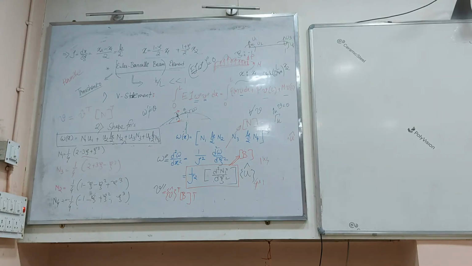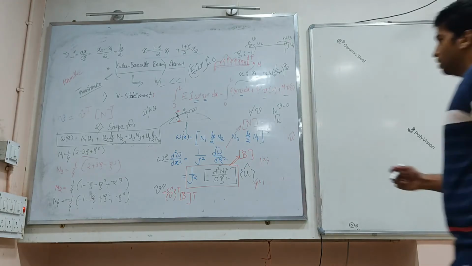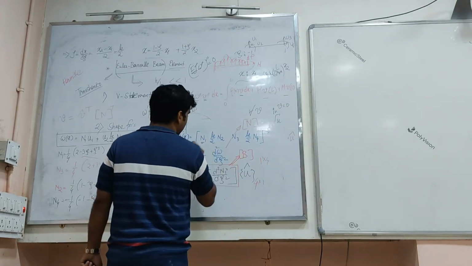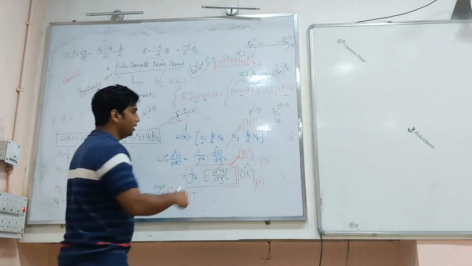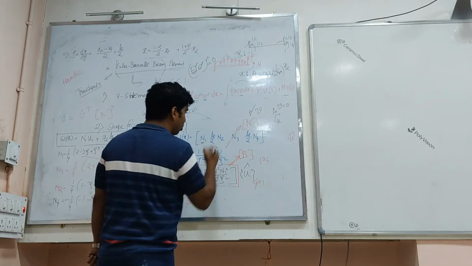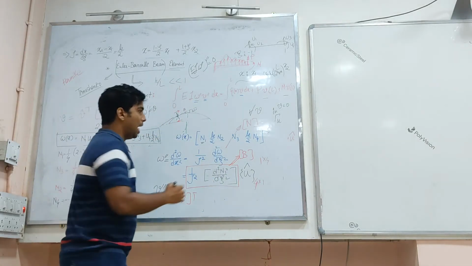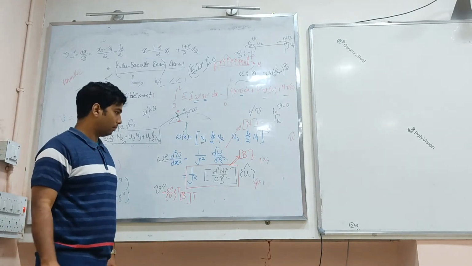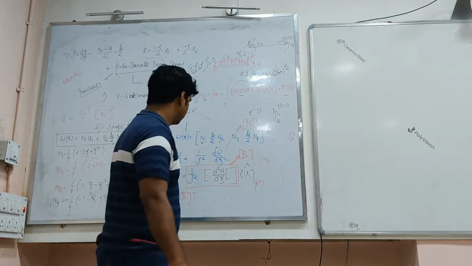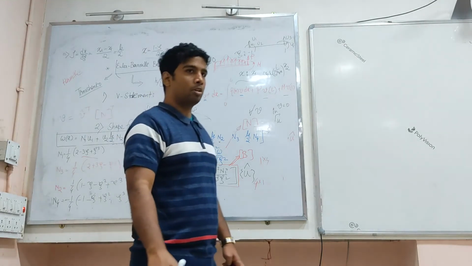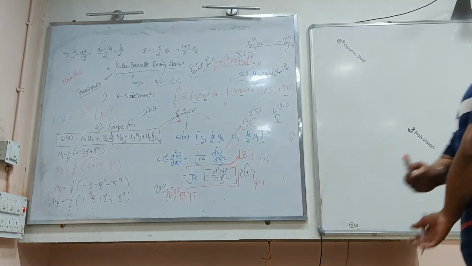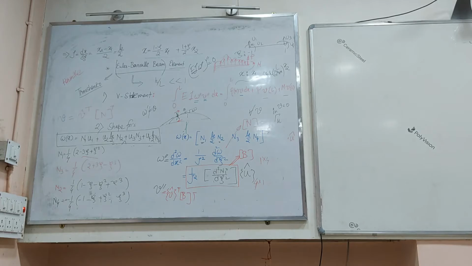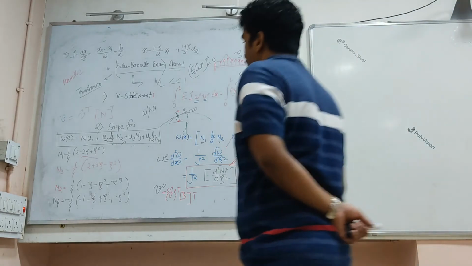For each term, as in N1, take the double derivative with respect to xi, then keep that coefficient eliminated by 2, and then take the double derivative of N2. So write down the expression for the B matrix. Basically take the double derivative of the individual shape functions.